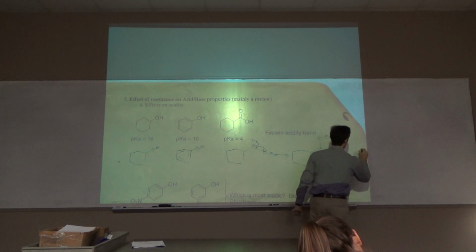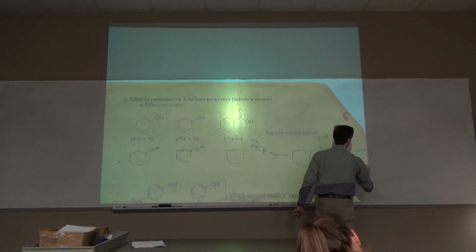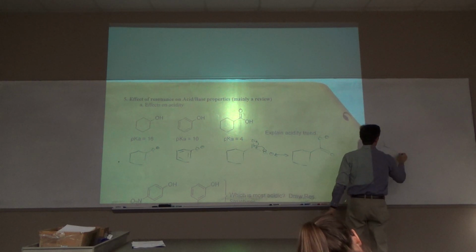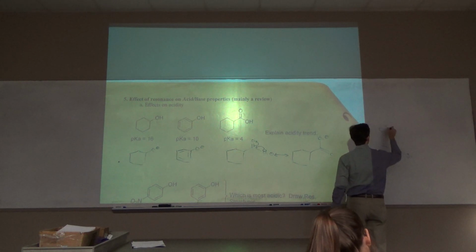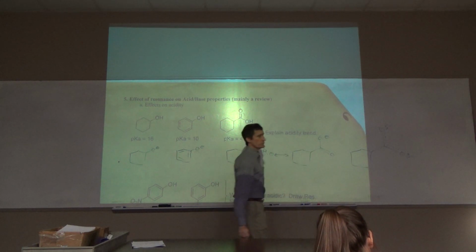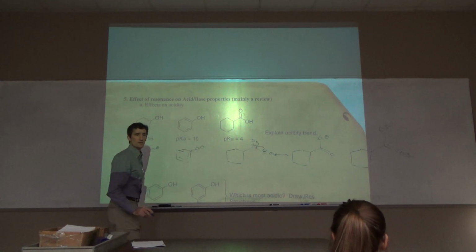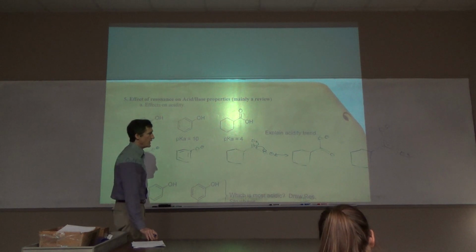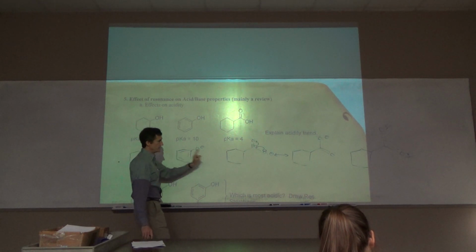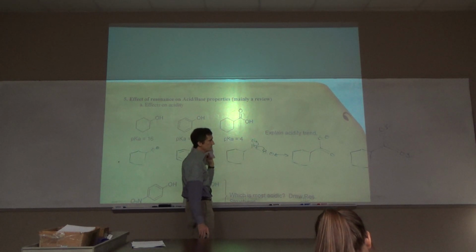Okay, the true structure, of course, is partial minus, right? That's the true structure of the carboxylate anion. The charge is spread over two oxygens. Here you only have one oxygen. That's what makes this. Okay, it's a little bit counterintuitive.